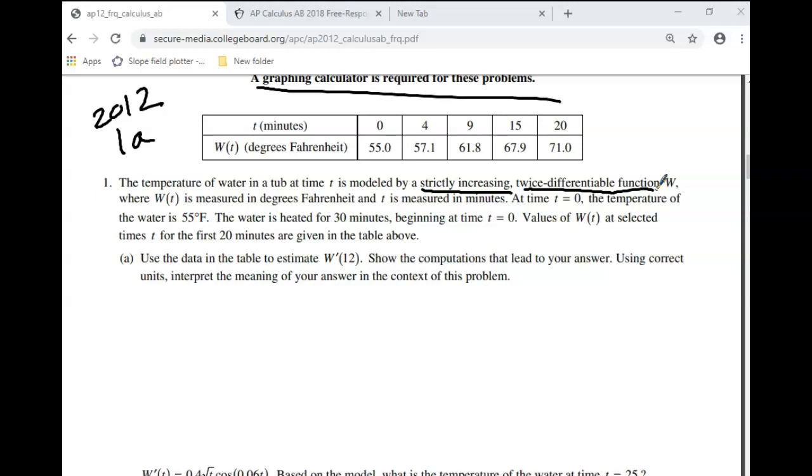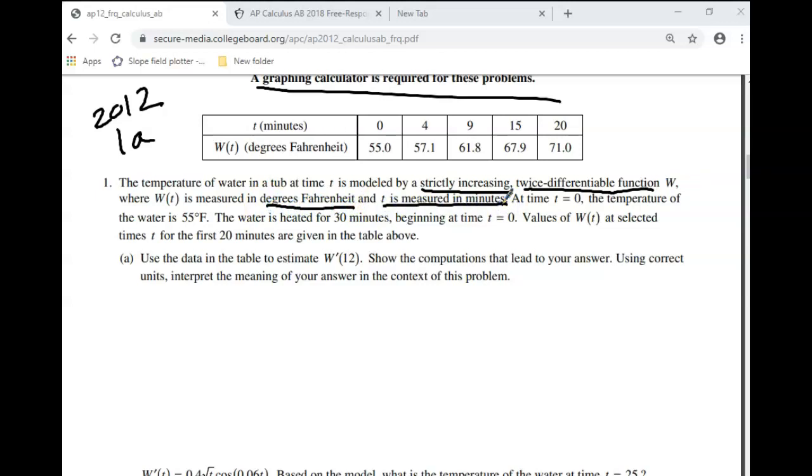But strictly increasing just means that the temperature is going up and it never stops going up. It's not like it goes up and comes down or anything. So the temperature of water in a tub at time t is modeled by a strictly increasing, twice differentiable function W, where W of t is measured in degrees Fahrenheit and t is measured in minutes.